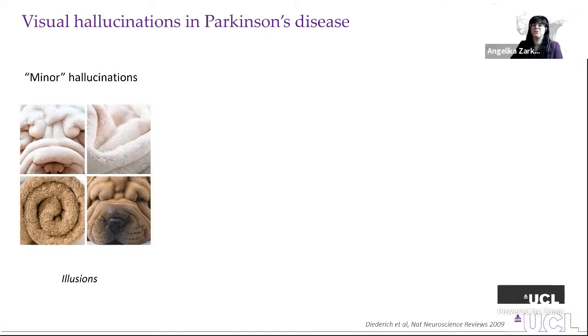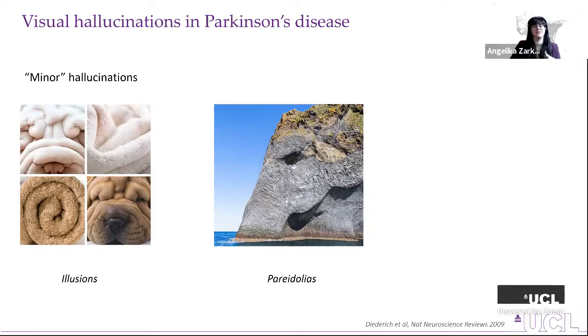This may be more difficult for people with Parkinson's disease, and they may even misperceive such a towel or, for example, a pile of clothes on the floor for a dog or a small animal. They also may experience a very specific type of hallucination, which is seeing faces in objects where there are no faces. And this is called pareidolia, and it happens to all of us to some extent. So, for example, you may be able to see the face of an elephant in this rock formation.